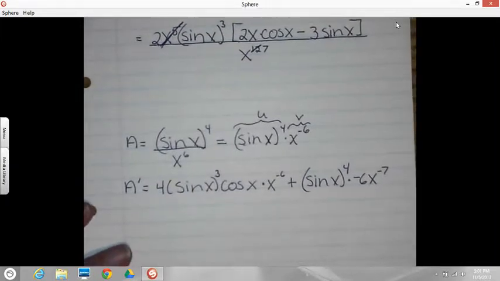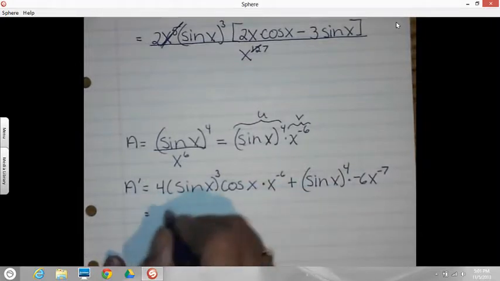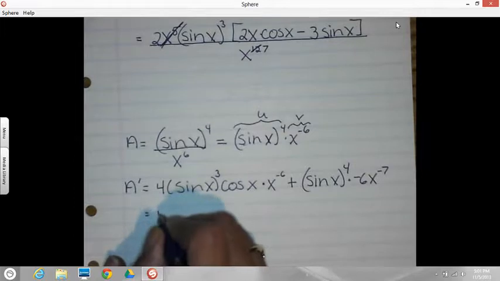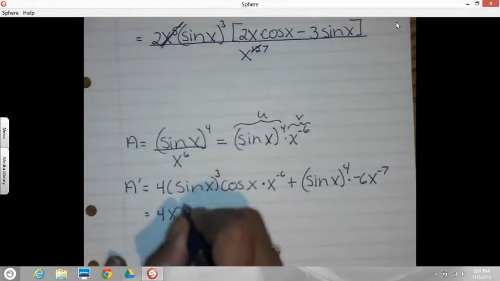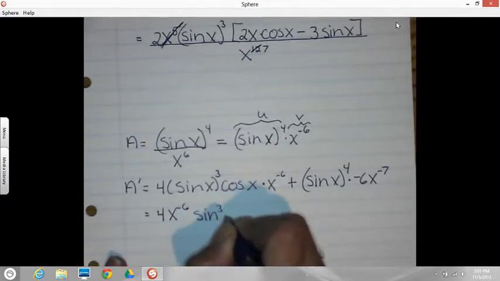Okay, so I'm going to factor this one, because I need to get this stuff to, well, maybe not, let's see, we've got 4 x to the negative 6 sine cubed x cosine x.